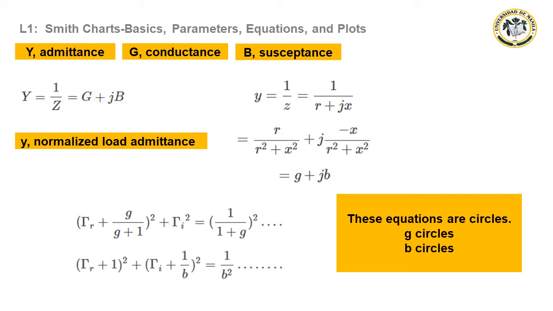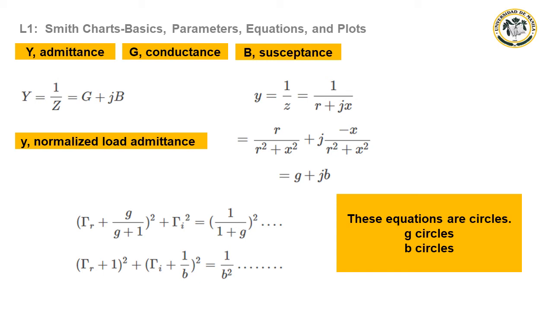And we call G as our conductance or the real part of admittance, and B, susceptance, as the imaginary part of admittance. So if we are going to normalize the load admittance, that will be Y is equal to 1 over Z is equal to 1 over R plus JX. And after a few manipulations, we will come up with Y is equal to G plus J small letter b.